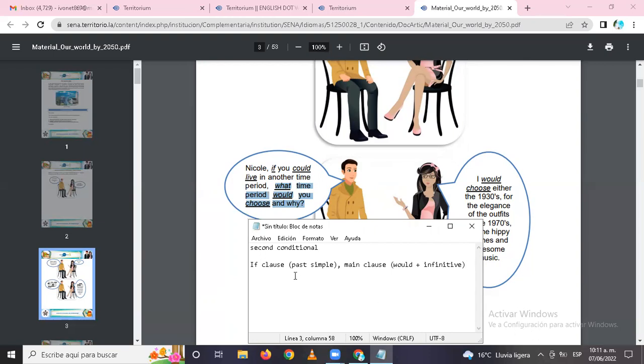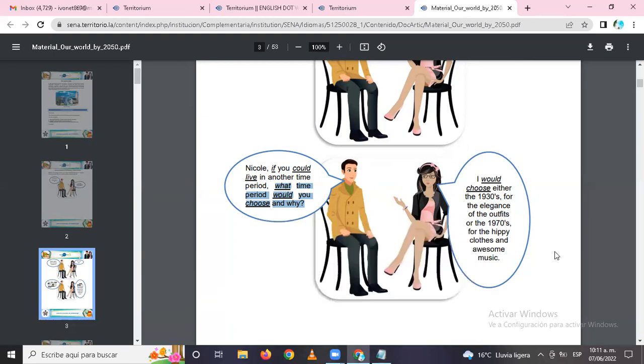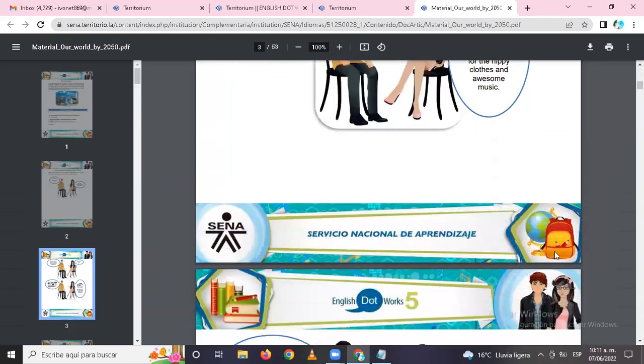Entonces tenemos las dos partes para formar el condicional. La primera la usamos en pasado simple y la segunda, digamos que la principal, va con would e infinitivo.